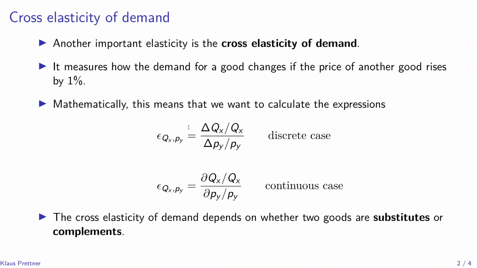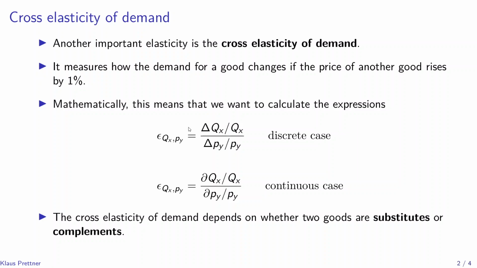The most important aspect determining the cross elasticity of demand is whether the two goods under consideration are substitutes or complements. So of course, if the two are substitutes, then if the price of good y increases, then the quantity of good x would increase because people substitute this good for the other good that has become more expensive.